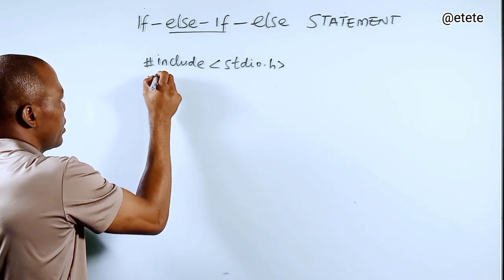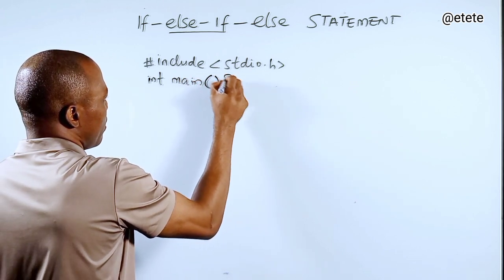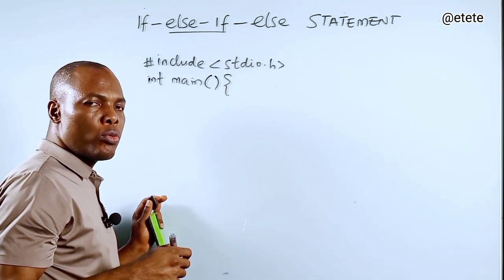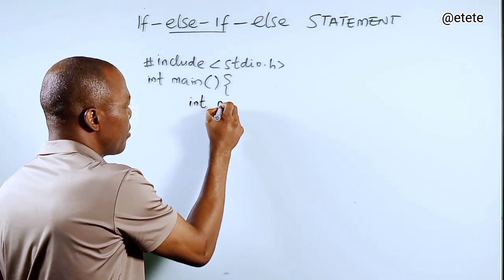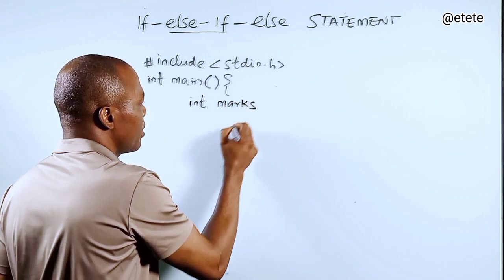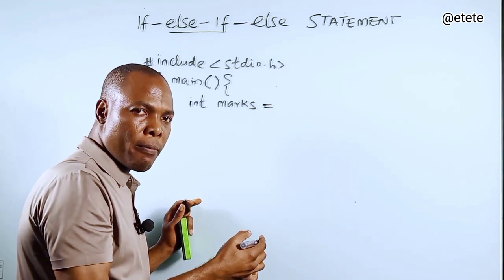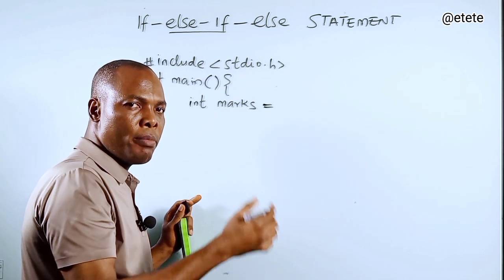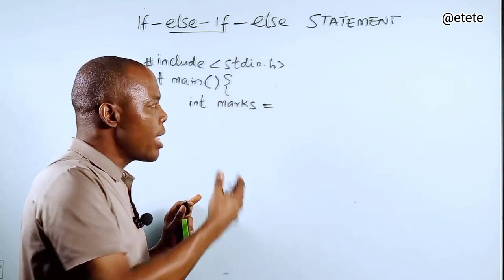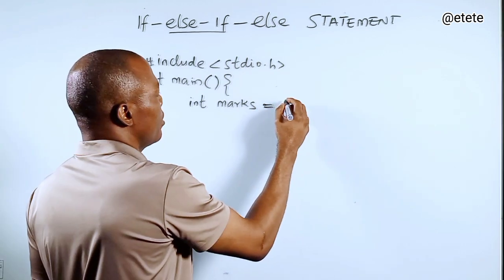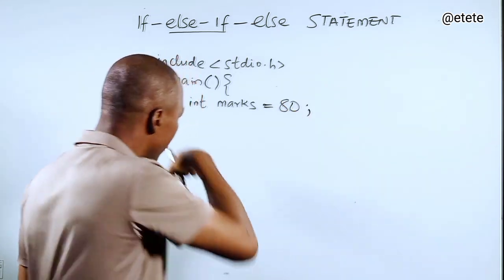Then here I'm going to say int main function. Now I'm going to declare a variable in the integer realm and I'll call it mark. Then I'm going to assign a value to it. I can make this program interactive by bringing in scanf, but for the sake of the class, in order for the video not to be too long, I'll just assign the value to the mark. So I will say 80, right?